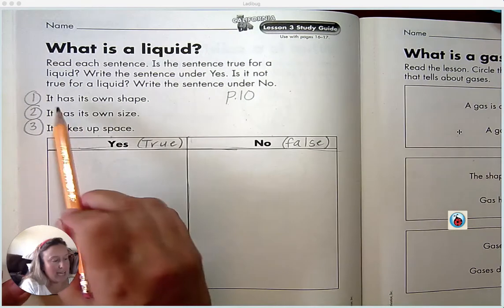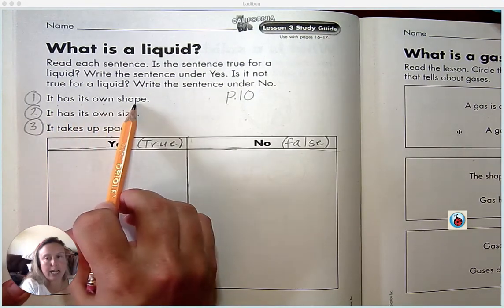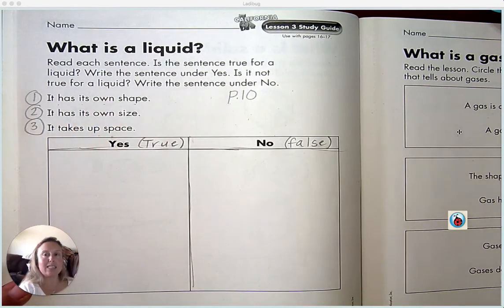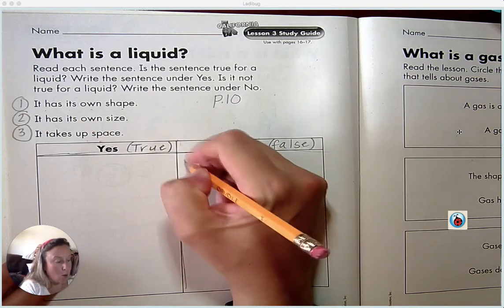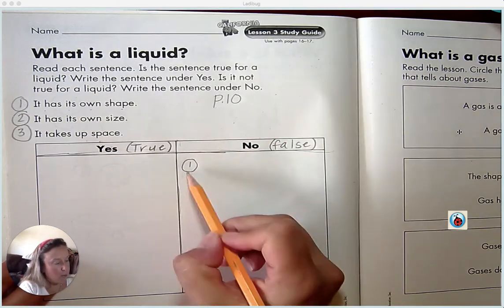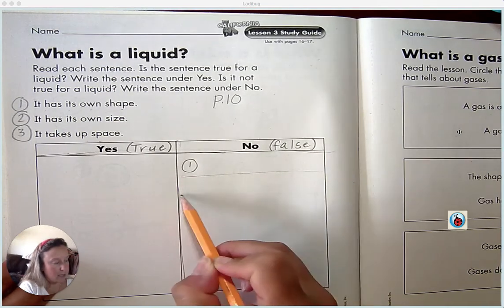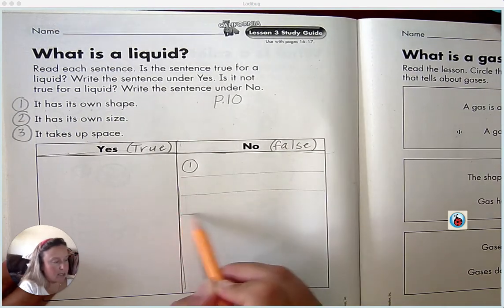A liquid has its own shape. Does it have its own shape without a container? The answer is no. So you might want to draw yourself some lines to make it easier to write.